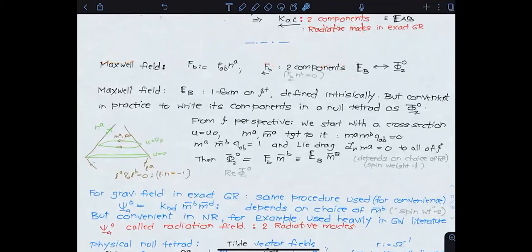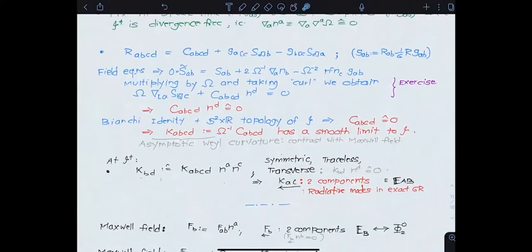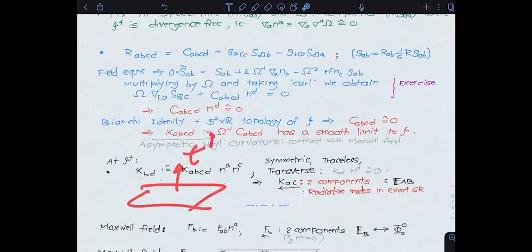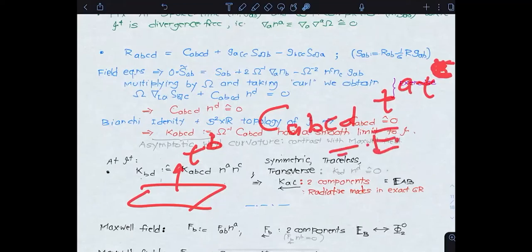But here we have a null normal to the surface. So it is like the electric field, but with respect to the null normal. The same is true here, where I'm contracting with two nulls. So this is like the electric part of the Weyl tensor. Usually the electric part of the Weyl tensor is defined by taking C_ABCD with T^A T^C, which gives the electric BD.